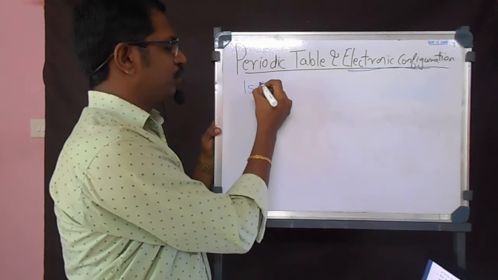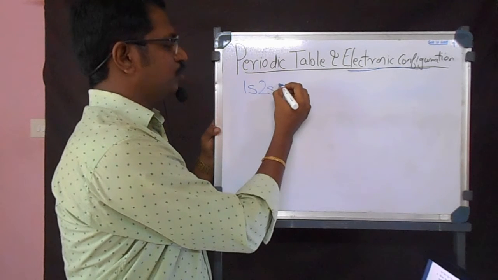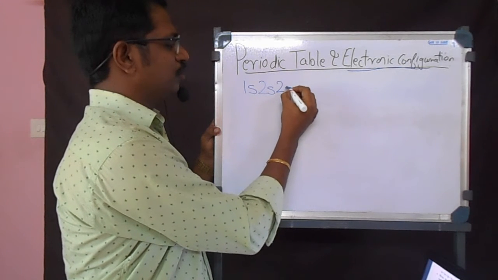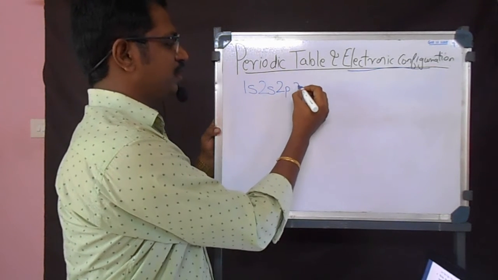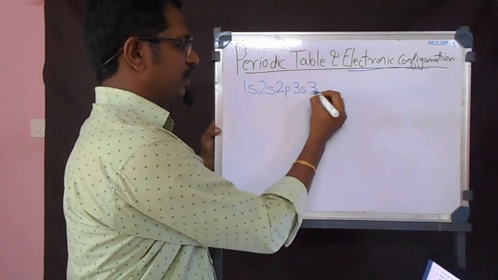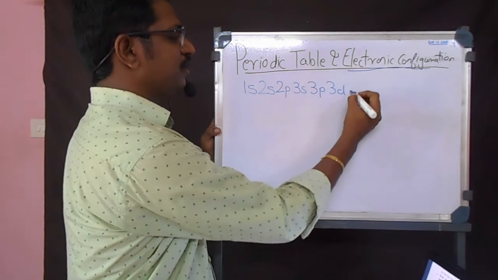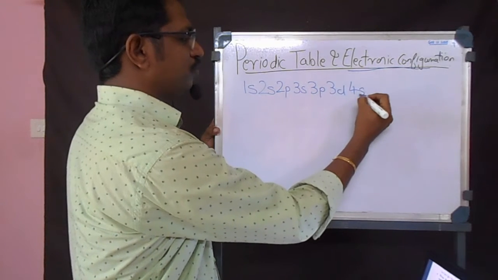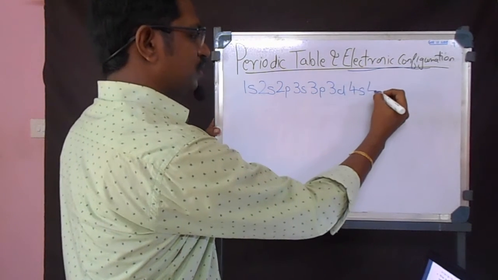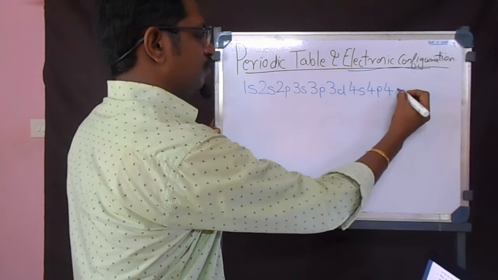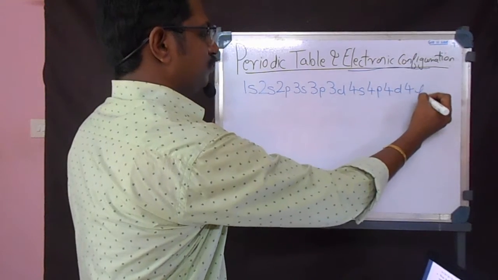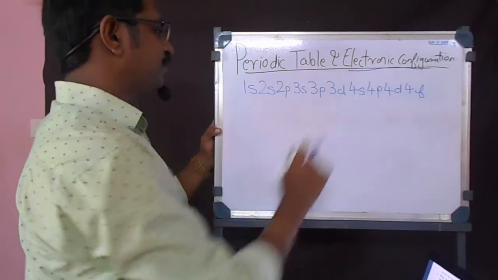Then we will have 2s, and in the second shell we have p also, so we write 2p subshell. Then we have 3s, then 3p, then in the third shell actually we have d, and then we go to the fourth: 4s, 4p, 4d until 4f. Let it be there until there.